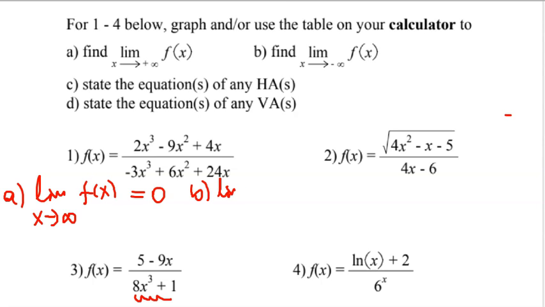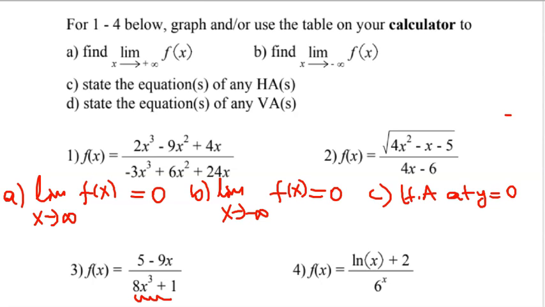Part B, limit as x approaches negative infinity, f of x is going to be equal to the same thing, because the bottom function is always going to be growing faster than the top function. So the limit is going to be equal to 0. Then it's going to have a horizontal asymptote at y equals 0, because of these limit values. And part D, we need to figure out the vertical asymptote.